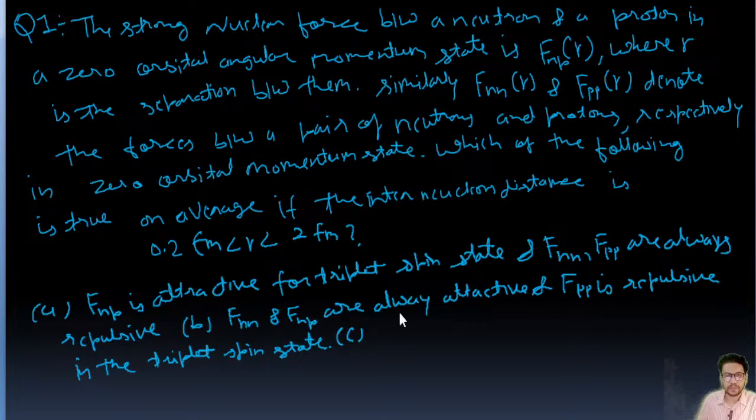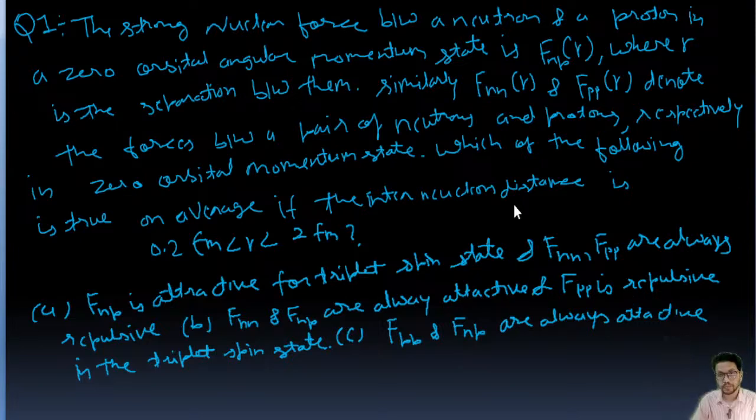Option C: FPP and FNP are always attractive, and FNN is always repulsive.